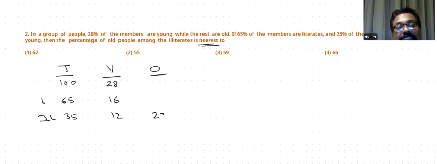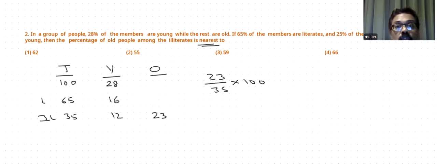So we need the old illiterate percentage out of total illiterate. Check it. Percentage of old people among the illiterates. 23 old out of 35. So your fraction will be coming as 23 by 35 and it will be multiplied by 100. Now you may think, sir, this calculation may be lengthy, very time taking.